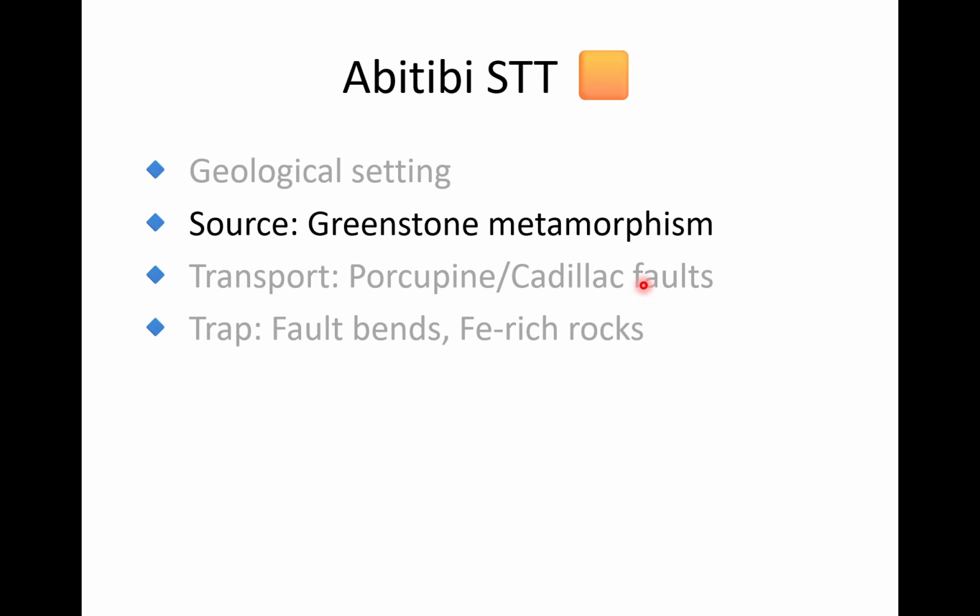Talking about the source, gold in Abitibi was sourced from extensive metamorphic devolatilization of greenstone belt from oceanic crust and sediments during Archean orogeny.